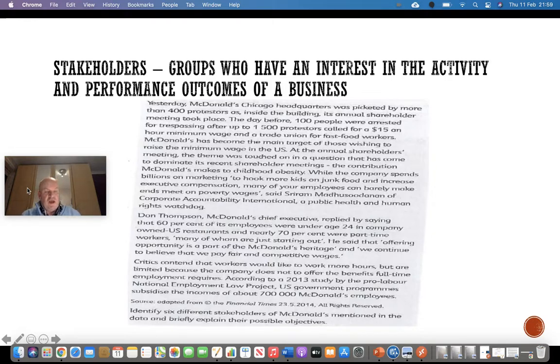So there's a whole range of different stakeholders that I'd like you to give some consideration to, and there's an article in your booklets on page 8, which looks at different stakeholders and the fact that they tend to have different objectives.